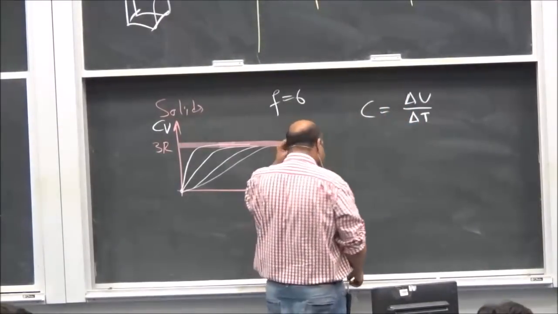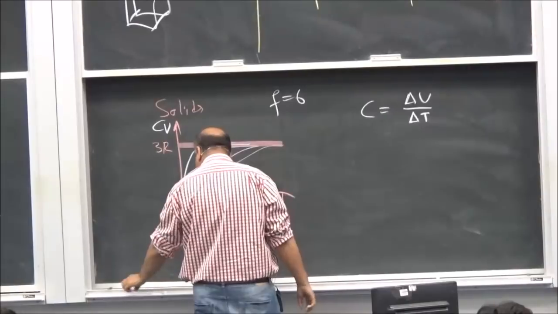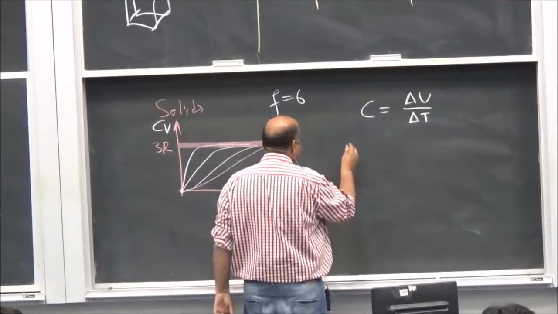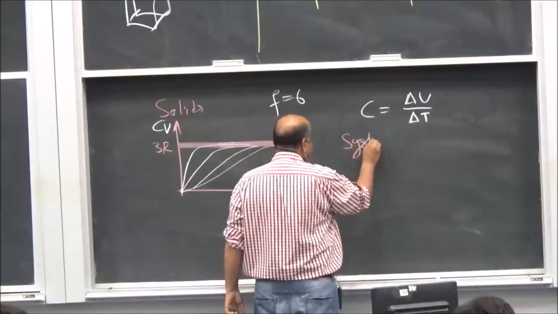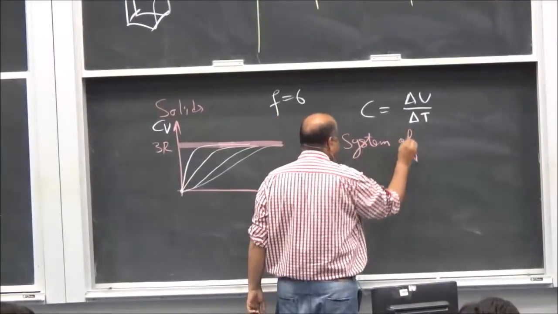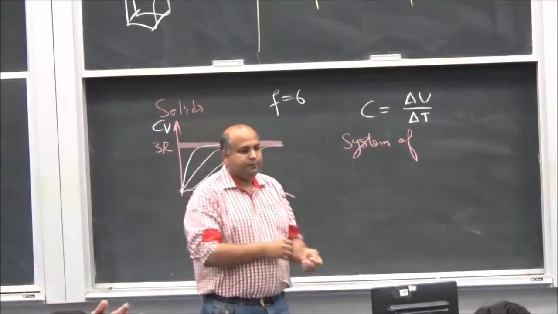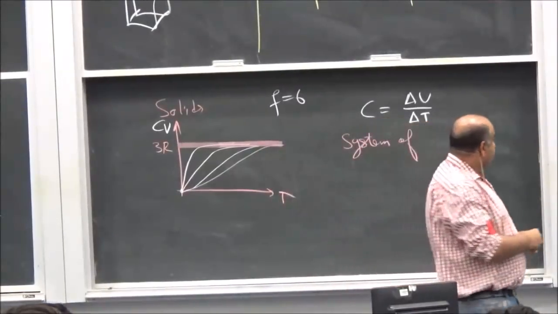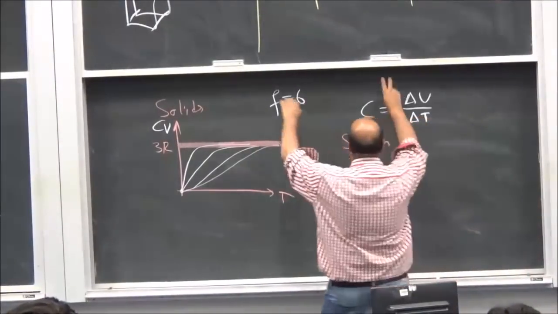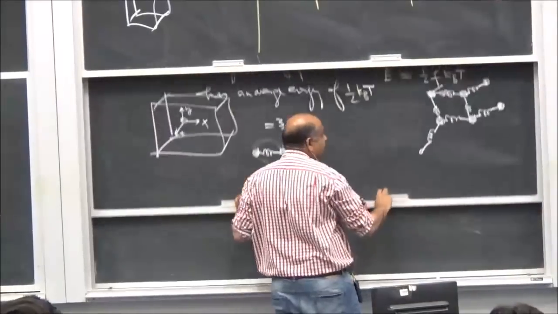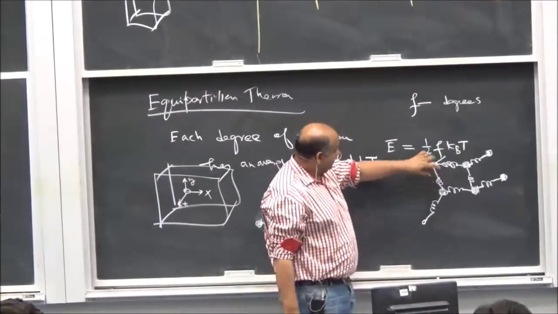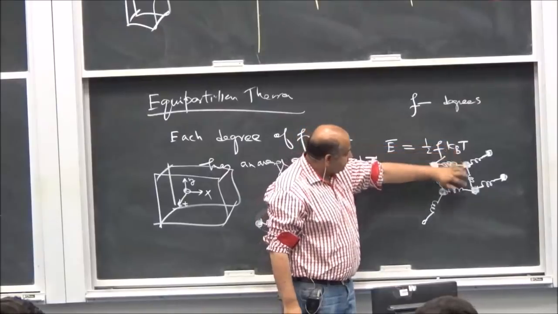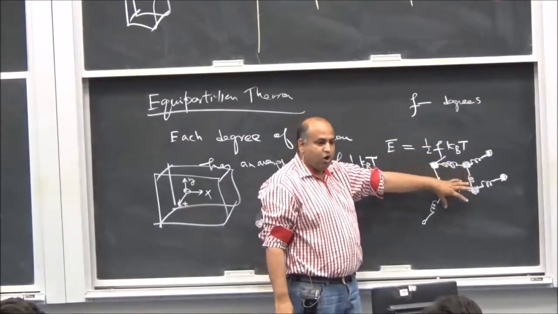But there is one system of particles which has a negative heat capacity, and that is, sorry, solid. Because solid is a system in which atoms are connected with each other through bonds.